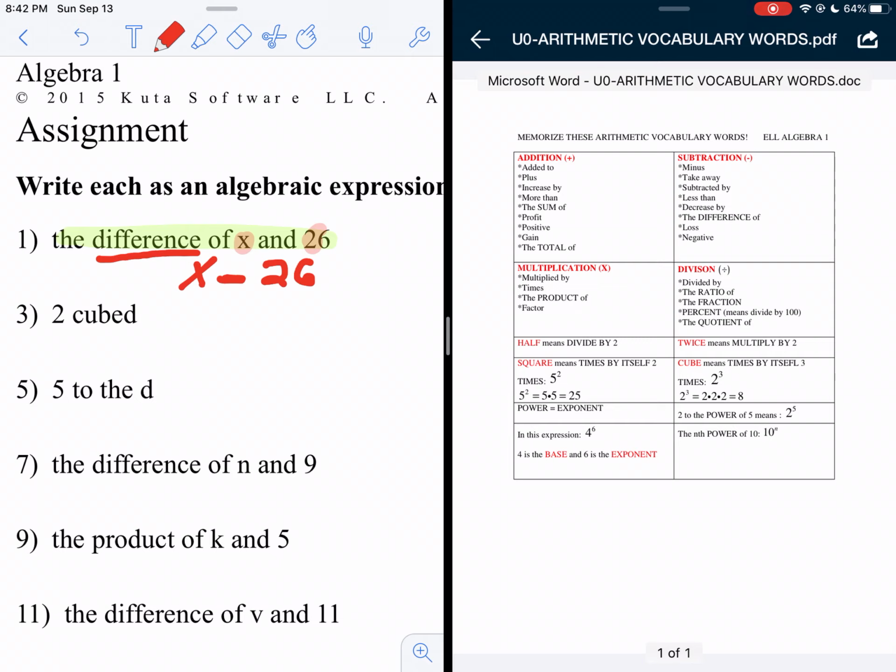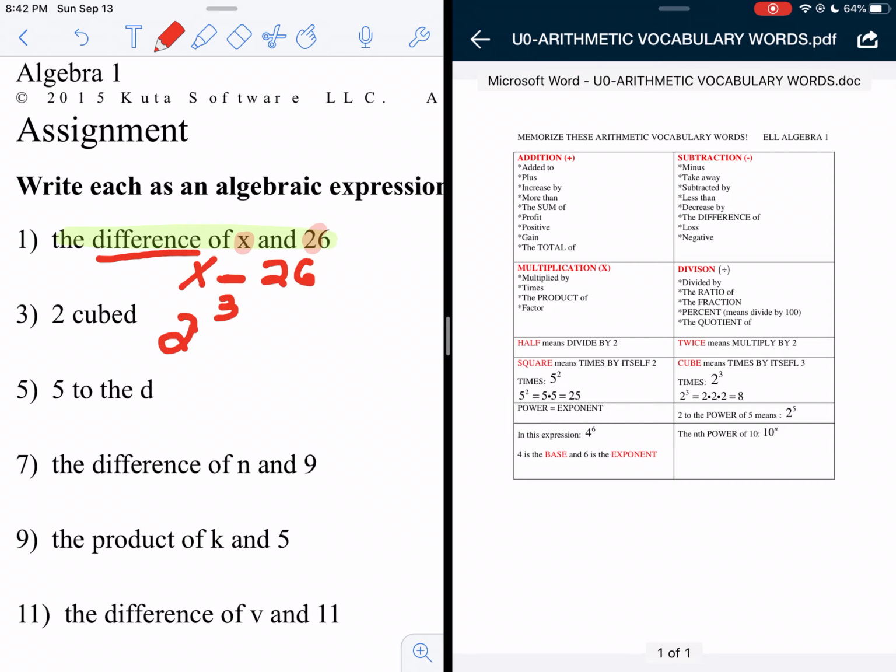All right, if you go to number 3, you have 2 and then cubed. Now if you go to your worksheet, cubed means that you are going to raise your base 2 to the power 3. Okay, so put the base 2 and then your power is 3. So look at number 5.